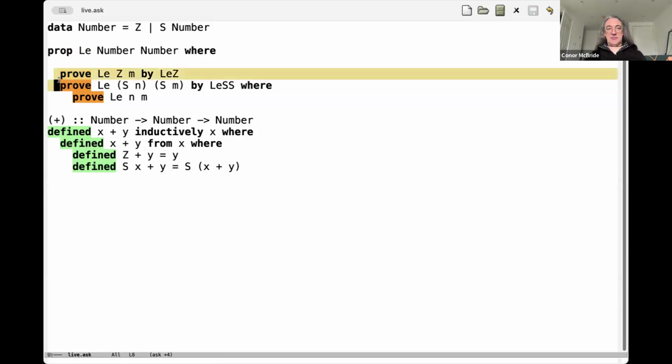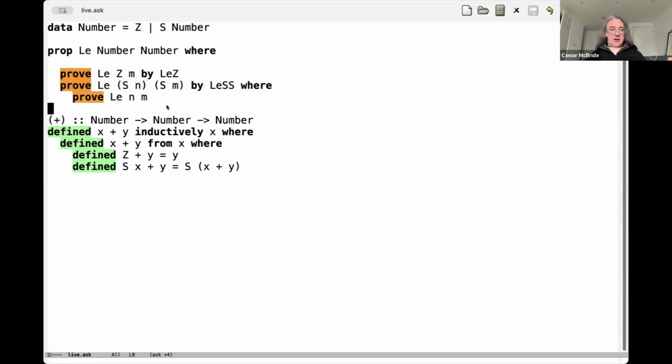So I say there's a rule called les that proves that zero is less than or equal to anything, and a rule called less that says if you're trying to prove that the relation holds for two big numbers, peel the spuds off one each and keep going.